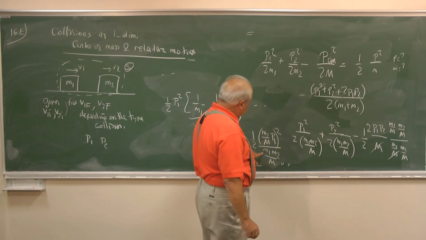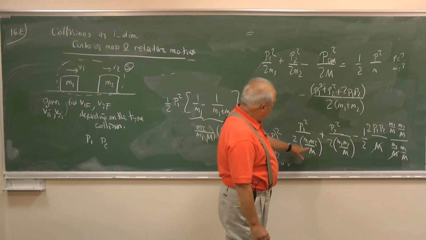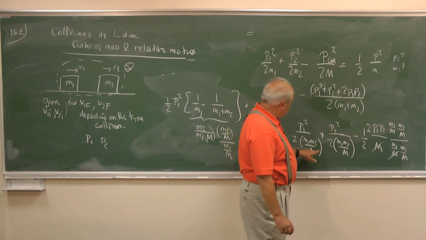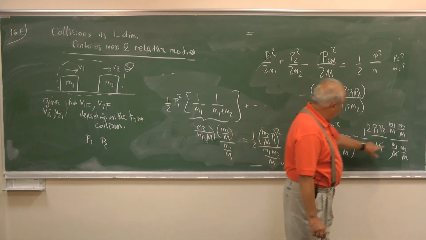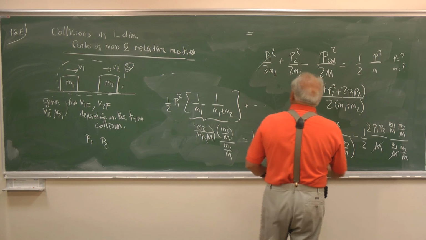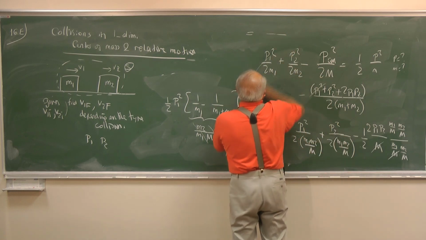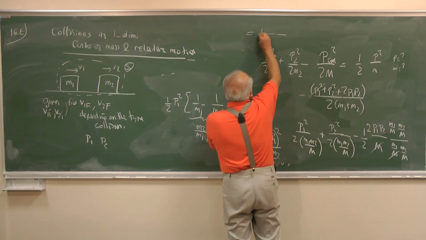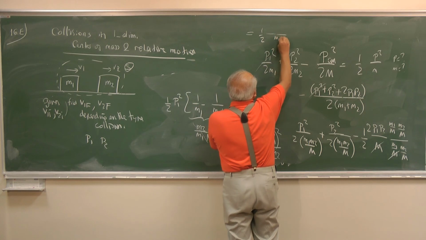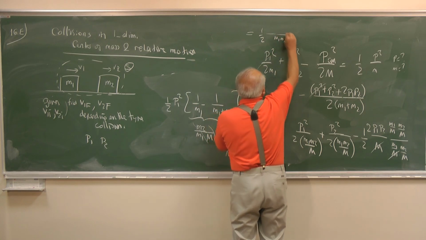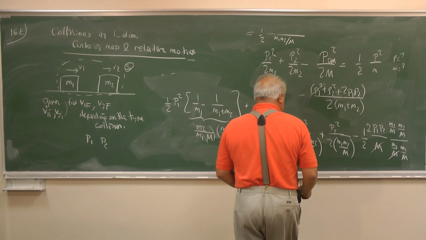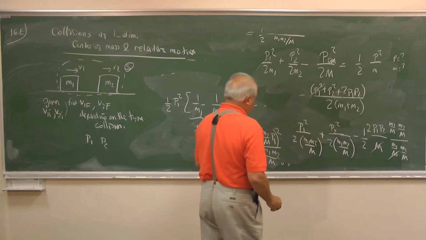So in the bottom of these terms, I have 2 M1 M2 over M, same denominator. So it is 1 over 2 M1 M2 over M. And upstairs, it's a square.